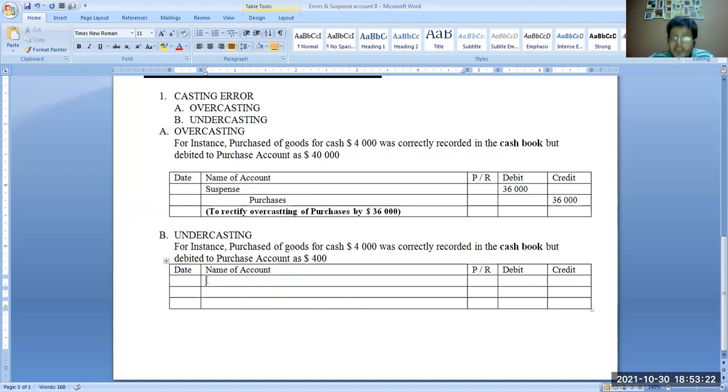Now we have to debit purchases by 3,600, we have to increase purchases. So purchases is debit and suspense is going to be credited by 3,600.